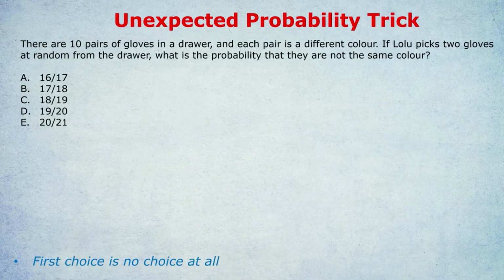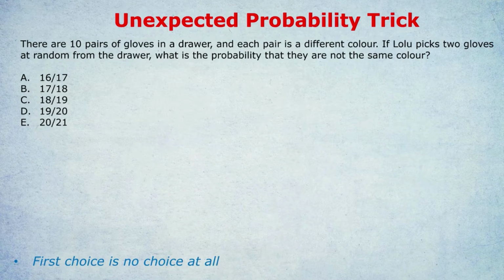Of course, once we've worked out the probability that they're the same color, then we can do 1 minus that answer to get the probability that they are not the same colour. Always bear that option in mind when you're doing probability questions, that you can choose to find directly the probability they're asking for, or the opposite of what they're asking for and do 1 minus result.